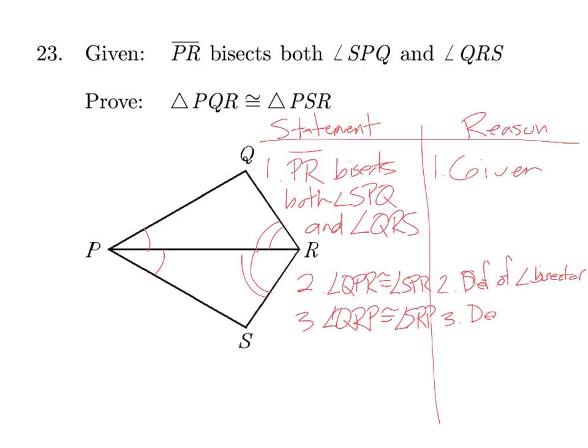That's also by definition of angle bisector. I know they both share this side in common, so PR is congruent to PR. That's by the reflexive property.